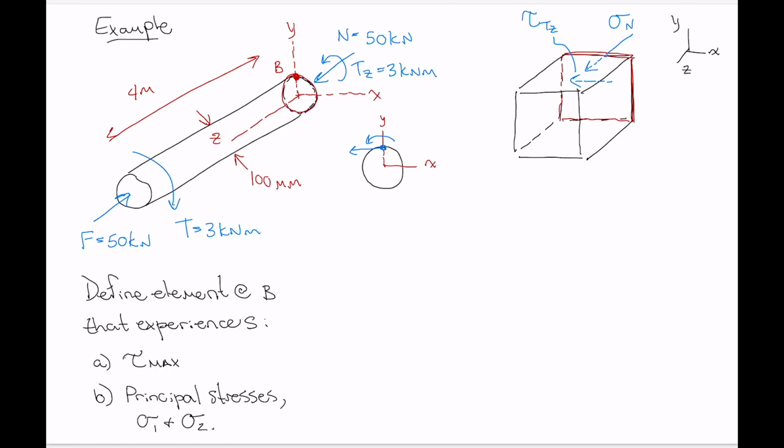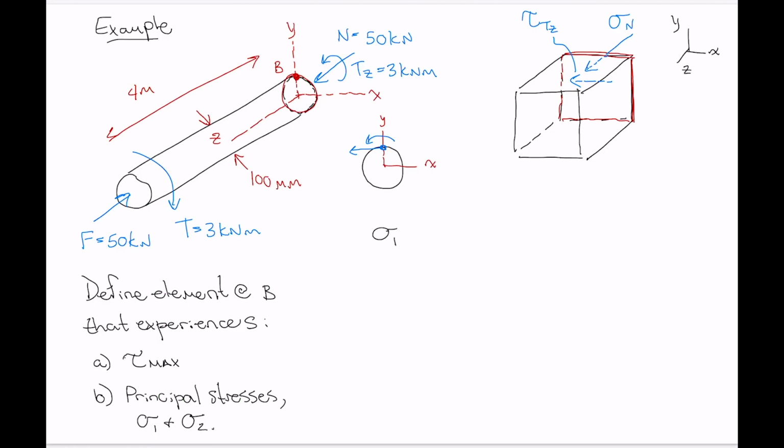Okay, so we've only got one normal stress and one shear stress acting on that volumetric element. So we can calculate what those values are and redraw it with the stresses properly labeled. So let's do that quickly.